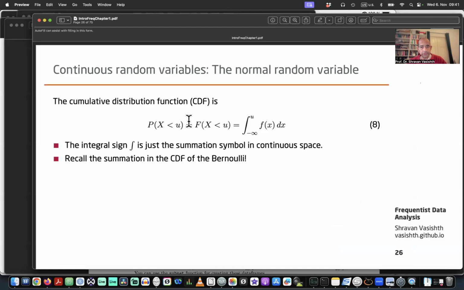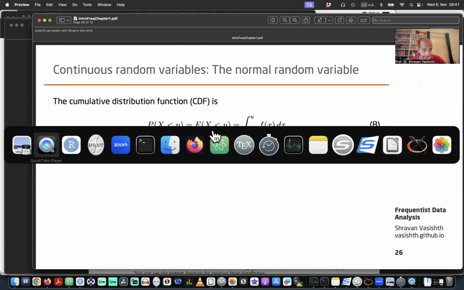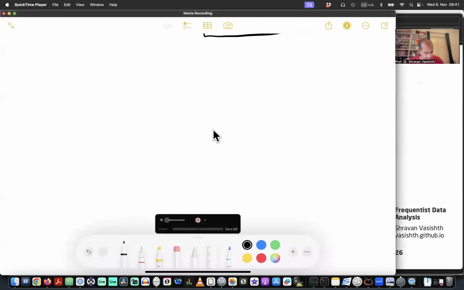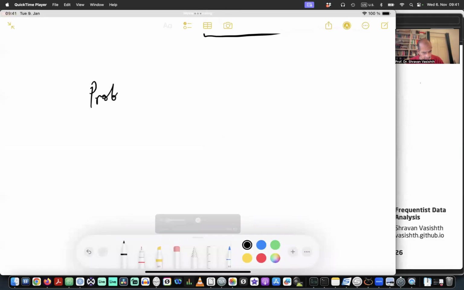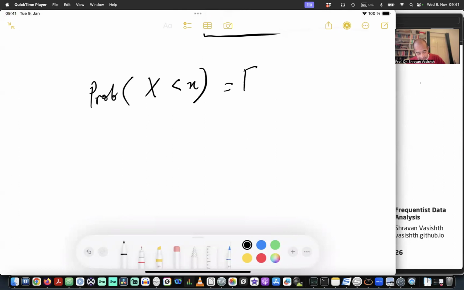So what I'm showing you here, this integral sign is telling you a way to describe the cumulative distribution function, because if I have a question like this, what's the probability of observing a value like X or something less than that? That is exactly the cumulative distribution function that we are asking about, right?